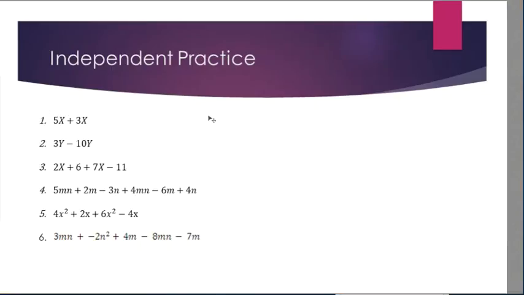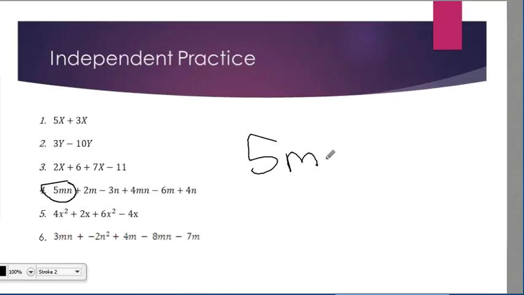So we know terms can be just a number, which we would call a constant, like here, 6 and 11. Terms can be made up of a number multiplied by a variable. Remember, the number part of the term is called the coefficient. Terms can also be made up of a number multiplied by more than one variable. So 5 times m times n.